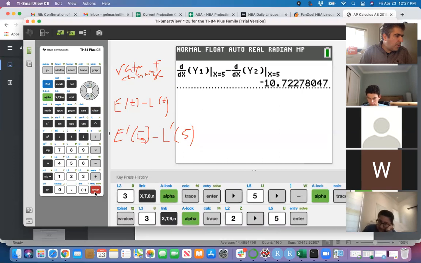So I get negative 10.772. That, of course, is negative. So what this tells me is that the rate of change of fish is decreasing. And you can just make that statement: because E prime 5 minus L prime 5 is negative, the rate of change of fish is decreasing at t equals 5.